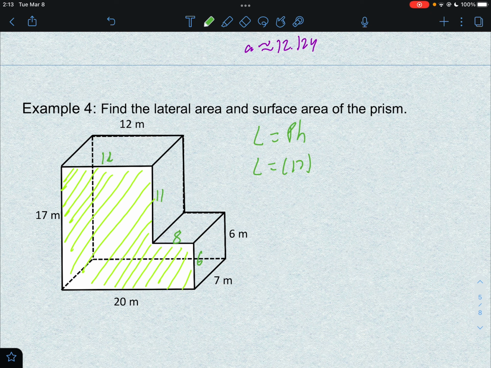All right, what is H? Now, H is the line that connects the bases together. So it's not 17. It's 7, because that connects the front to the back. So 17 times 7, our lateral area is 119 square meters.